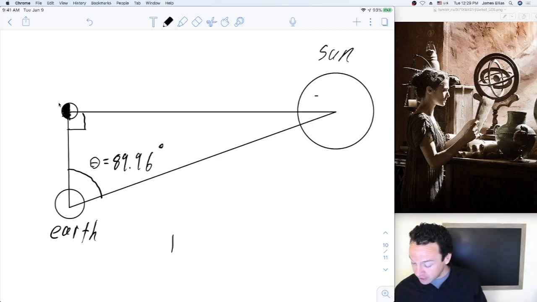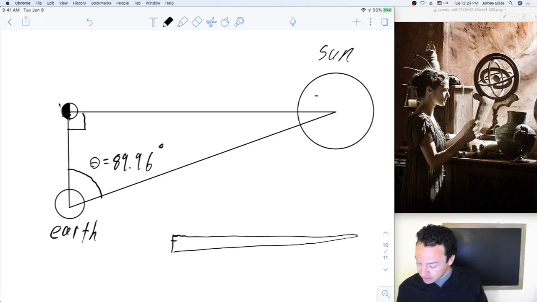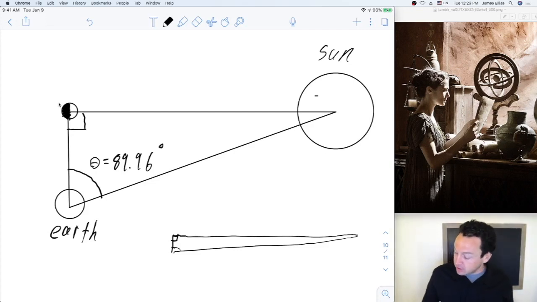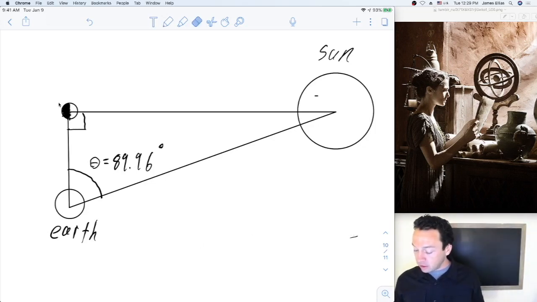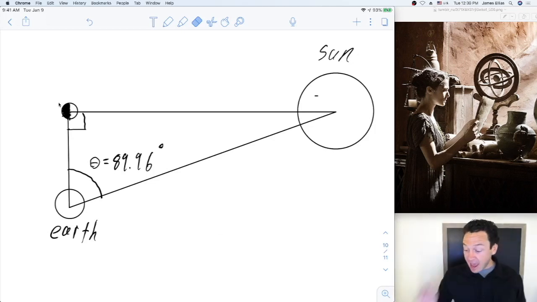The picture looks a heck of a lot more like this. And even this is not quite right. But you can see that this starts to look a heck of a lot like 90 if the sun is super far away in comparison to the distance between the Earth and the moon. So what Aristarchus has already learned is that the sun is a heck of a lot further away than the moon is.